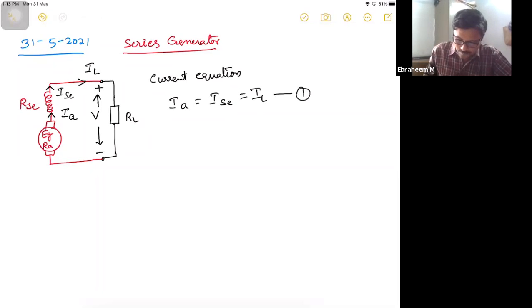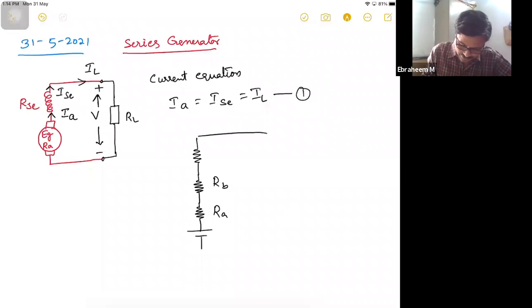Before applying KVL, we are using a simplified circuit. The simplified circuit represents all the components with the symbols of their elements and quantities. The series field winding has its resistance Rse. The armature has a brush resistance and armature resistance, and inside the armature you have the induced EMF, which is variable, denoted by Eg.